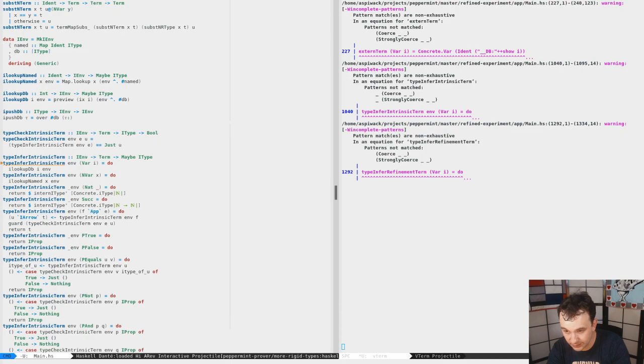Now we have to infer these types. So actually, I don't know how to do this. So the strongly coerce, I know more or less how to do it. Yeah.